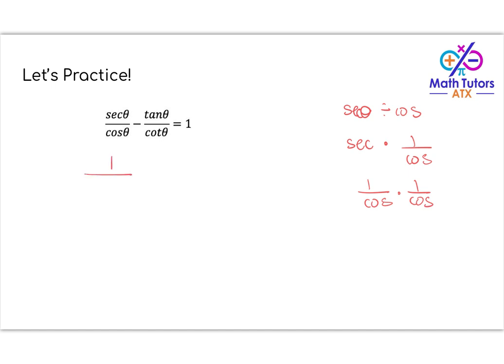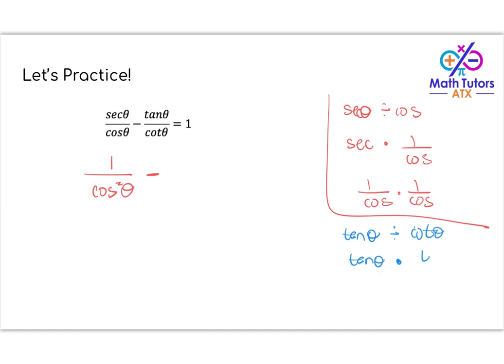So 1 over cosine squared minus, and then over here, in blue, tangent divided by cotangent, well, isn't that just tangent times tangent? Really, because the reciprocal of cotangent is tangent.